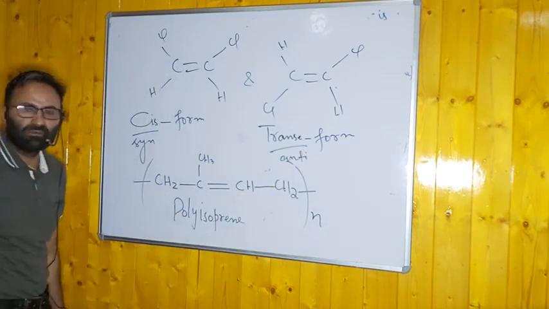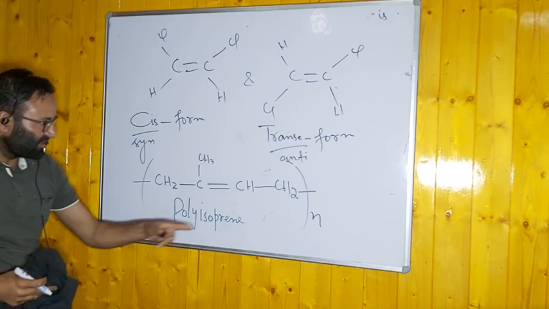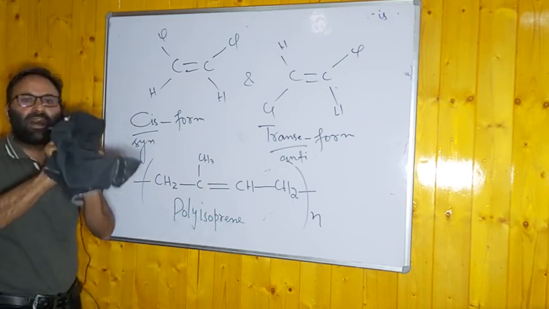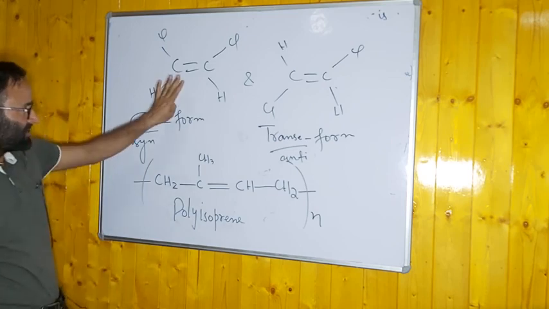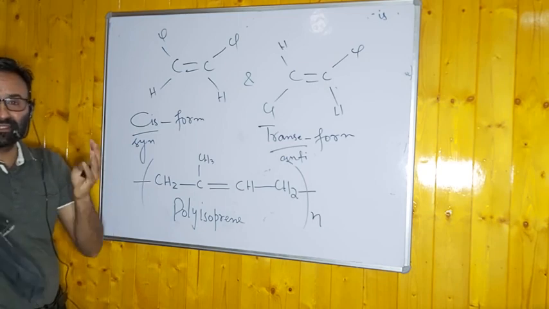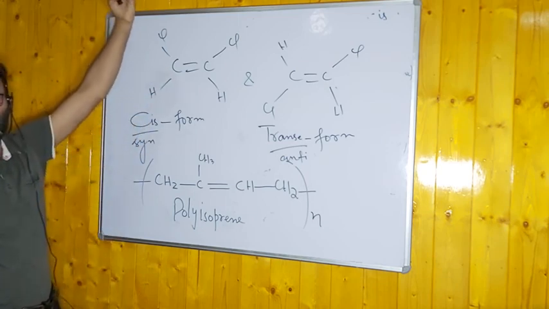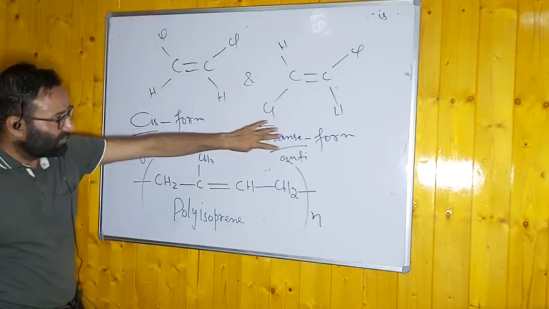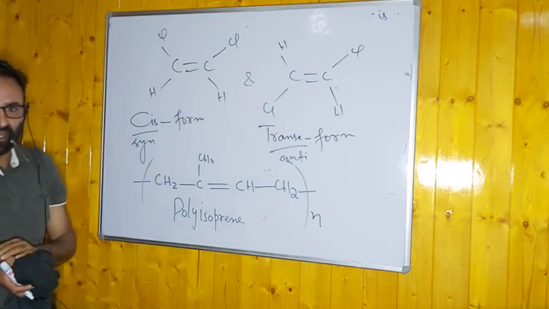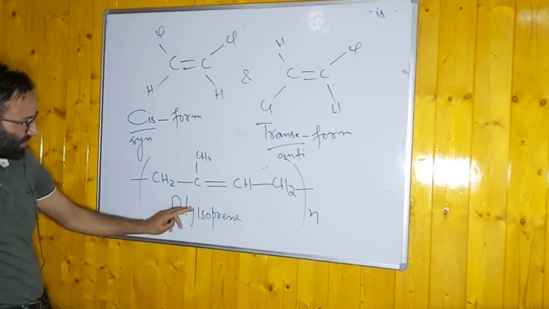Remember this point. When the repeating unit contains a double bond, it can have two stereoisomeric forms. It can have cis orientation, where similar groups are on the same side, or trans orientation, where the similar atoms or groups are on the opposite side. Same is the case here. Polyisoprene has a double bond.